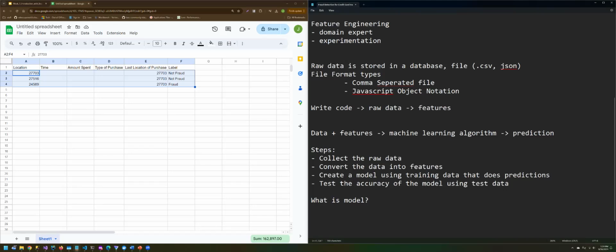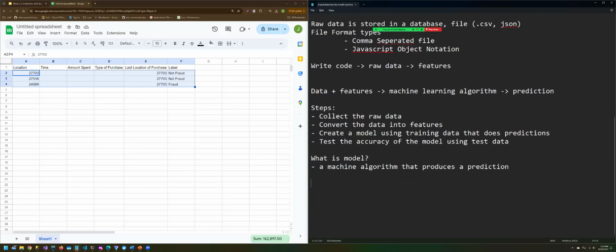In the context of machine learning, a model is a machine learning algorithm that produces a prediction. That's the basic idea there. And there are so many types of models.